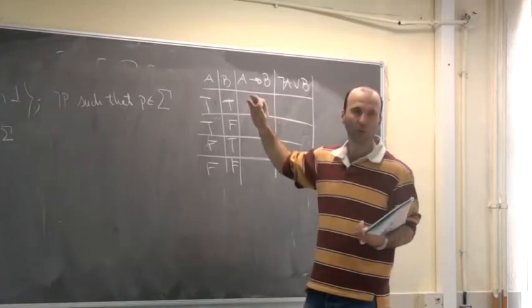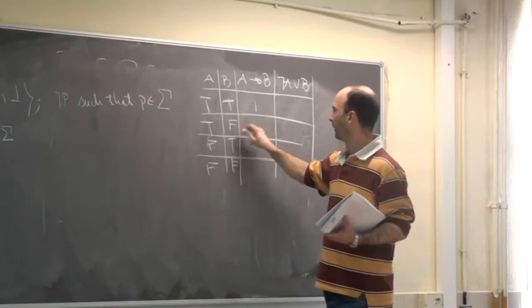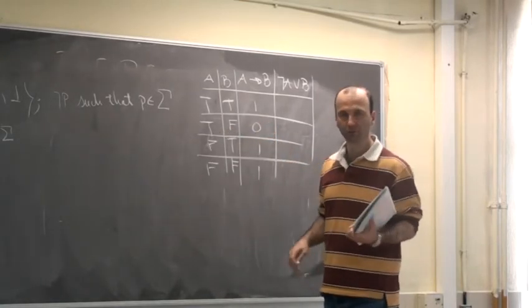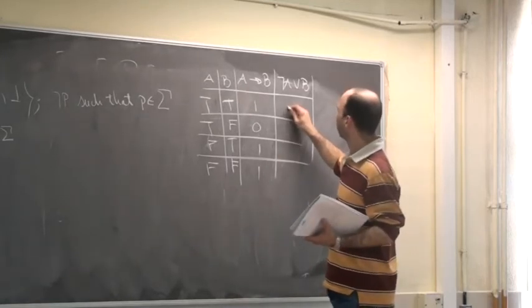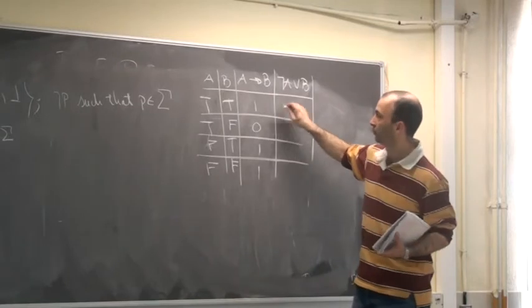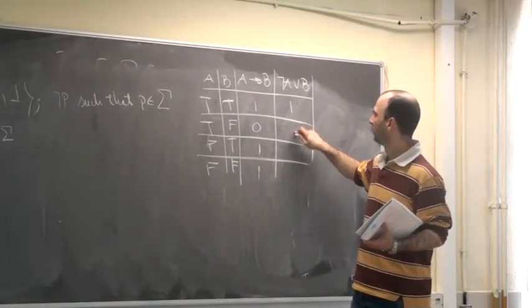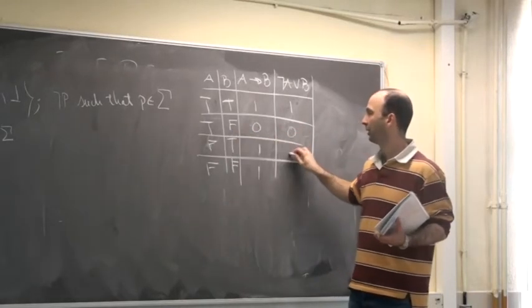True implies false is false. False always implies true, whatever the conclusion is. And here I have not true or true. That's true. Not true, which is false, or false, which is false.